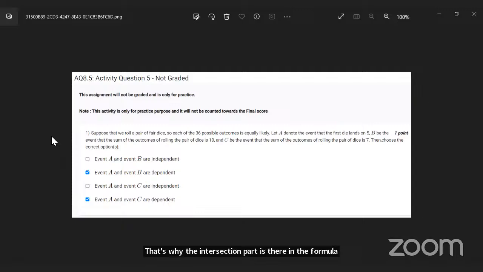The easiest way to do this question is to create the set of all the elements in each event, then find the probability of A and the probability of B. Then check whether the probability of A intersection B equals the probability of A times the probability of B. If they are equal, then they are independent, and if they are not equal, they are not independent. That is the easiest way to do it.